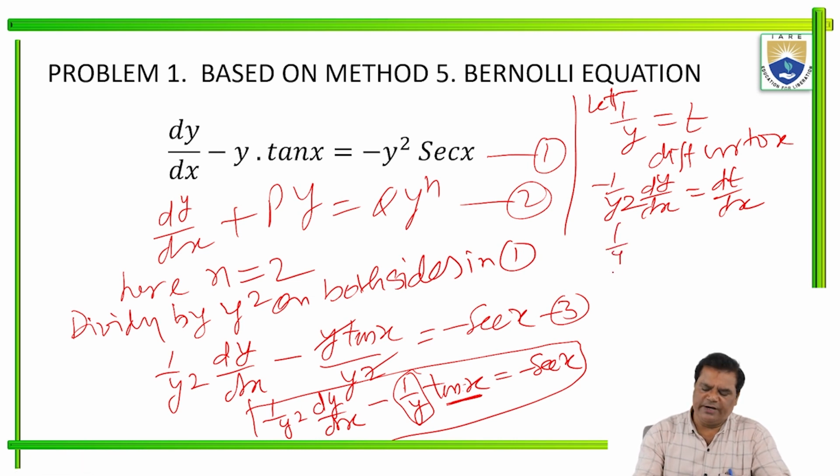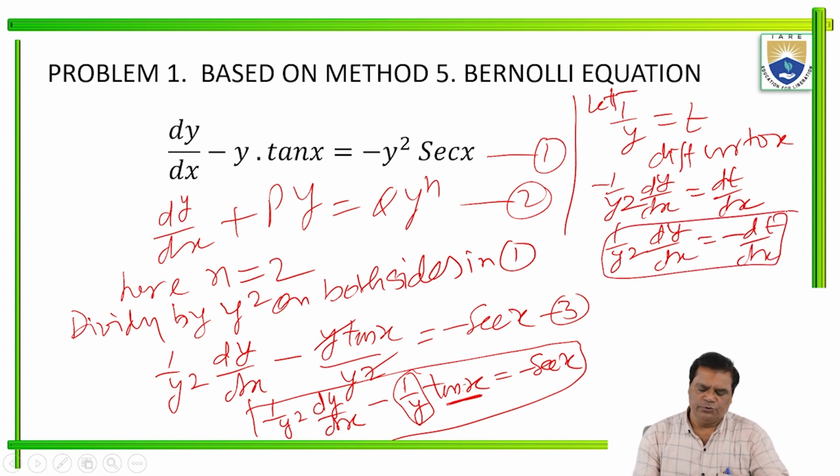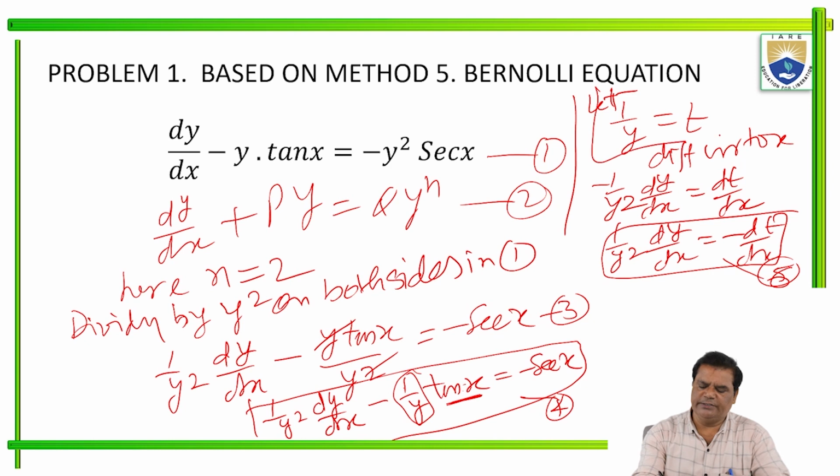Now 1 upon y squared dy/dx equals minus dt/dx. This equation is 4, and this is 5.